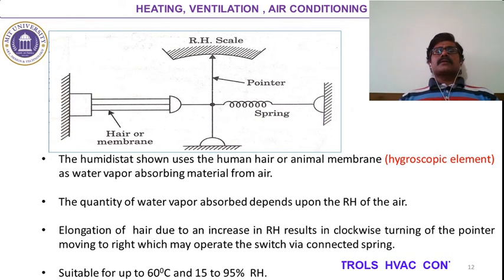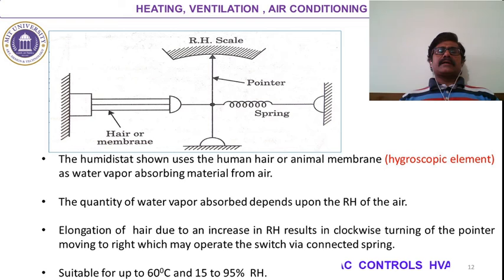So this causes the clockwise movement of this pointer turning toward the right side, and which may operate the switch on the extreme right side with the help of the connected spring. So the higher relative humidity would be observed on this scale as the expansion of this hair membrane takes place. The opposite action will take place if there is a decrease in the length of the hair due to the decrease in the relative humidity.